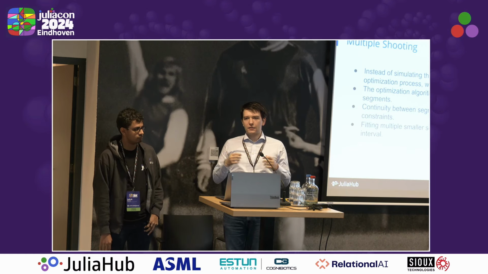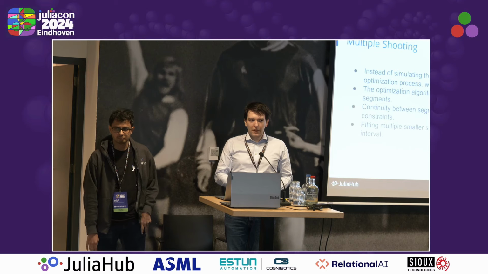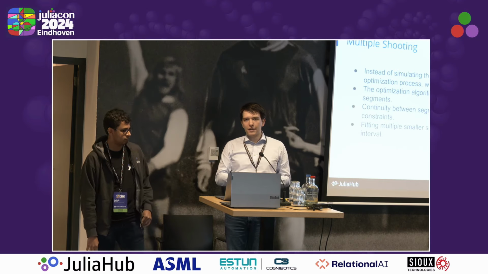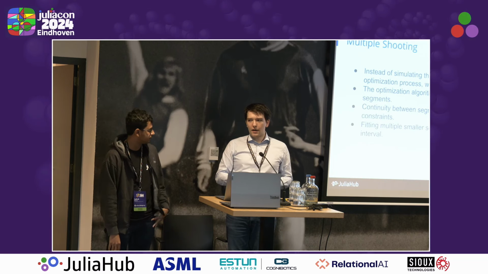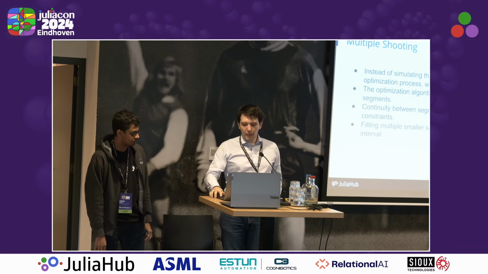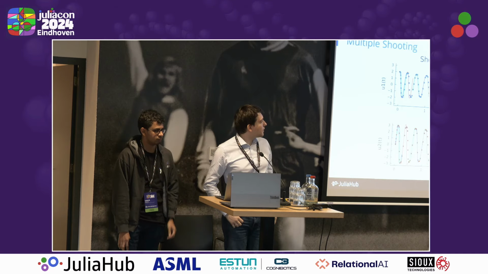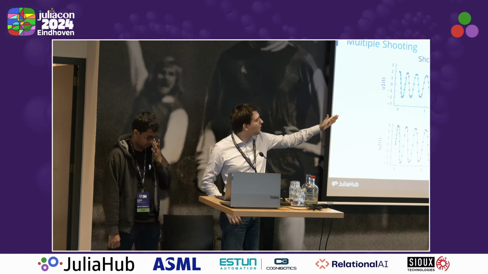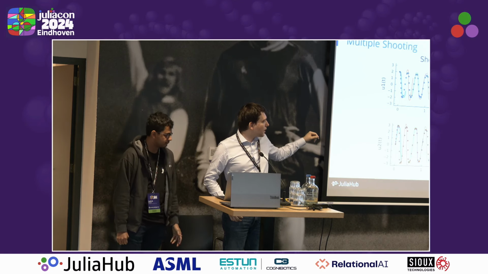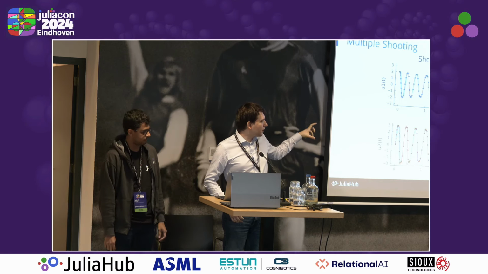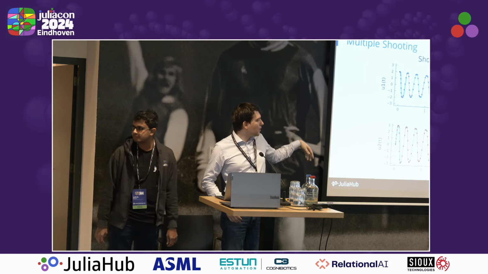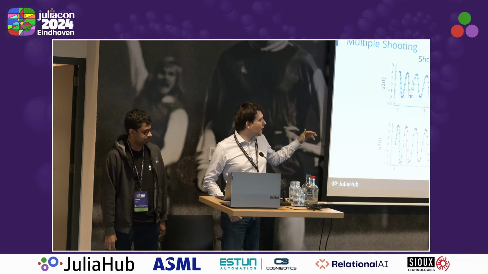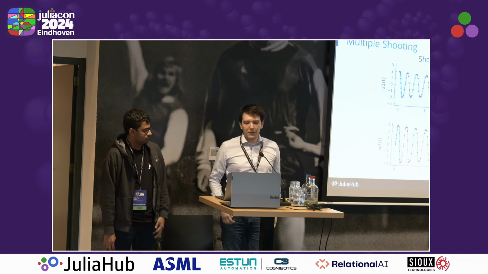And this essentially means that we have to ensure continuity. We can ensure continuity either via constraints in the optimizer or via a penalty function. And as we can see here in an example, we have the segments here. Here we are enforcing the continuity via penalty, and at the same time, we also have the cost of the difference to the data, and they are simultaneously optimized.